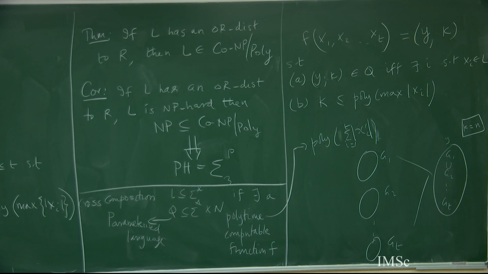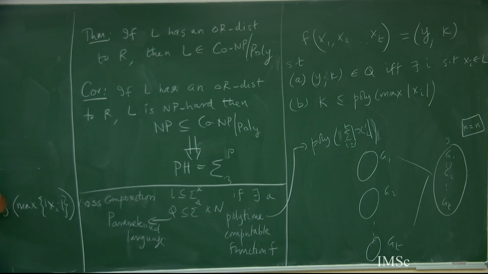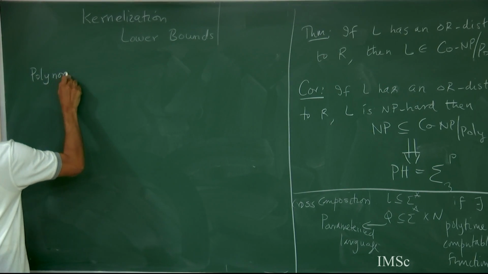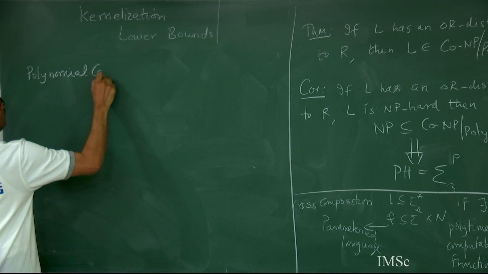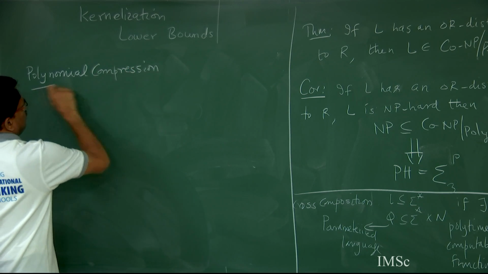So, before that, let us just generalize this notion of kernelization, because the theorem which we are going to prove is useful even for some larger class of algorithms. So let us talk about polynomial compression. So what is it?